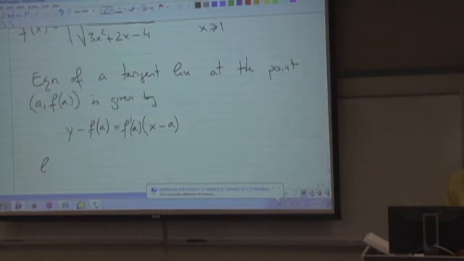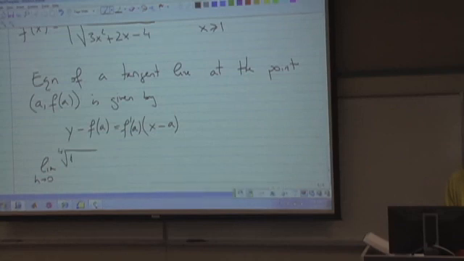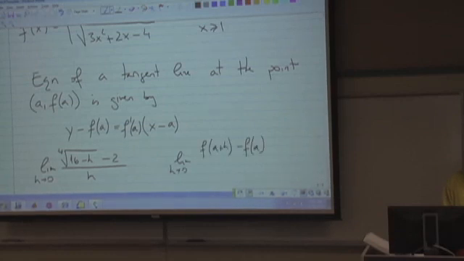So we have the limit as h goes to 0 of the fourth root of 16 minus h, minus 2, divided by h. Right? So what should we identify right off the bat? Remember, the limit as h goes to 0 of f of a plus h minus f of a, divided by h.